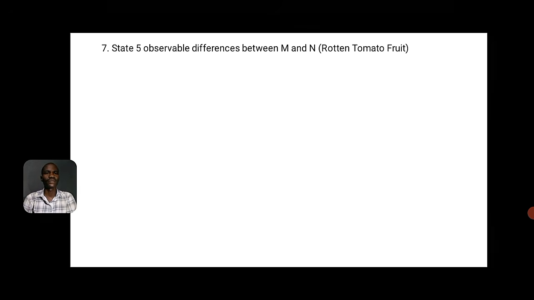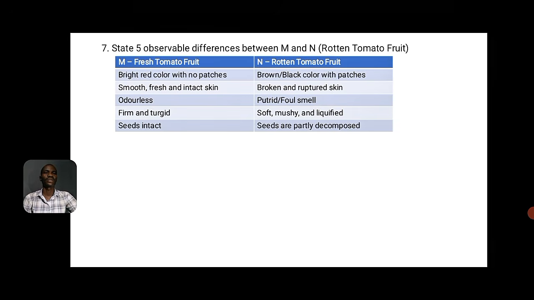Number 7, state 5 observable differences between M and N. So M is fresh tomato fruit, N is rotten tomato fruit. So number 1 is M, bright red color with no patches.